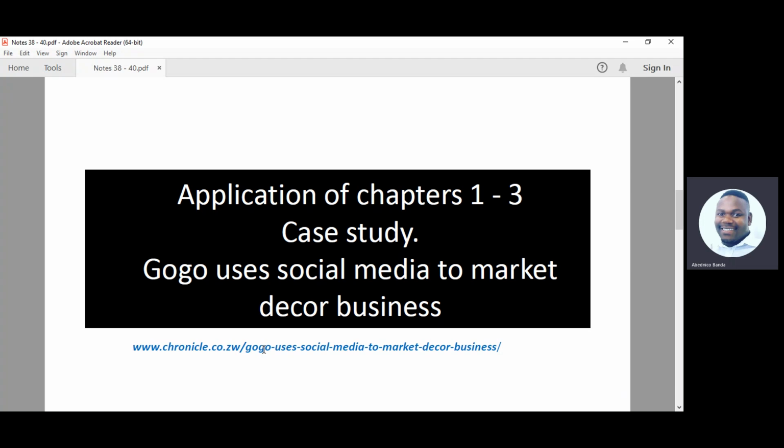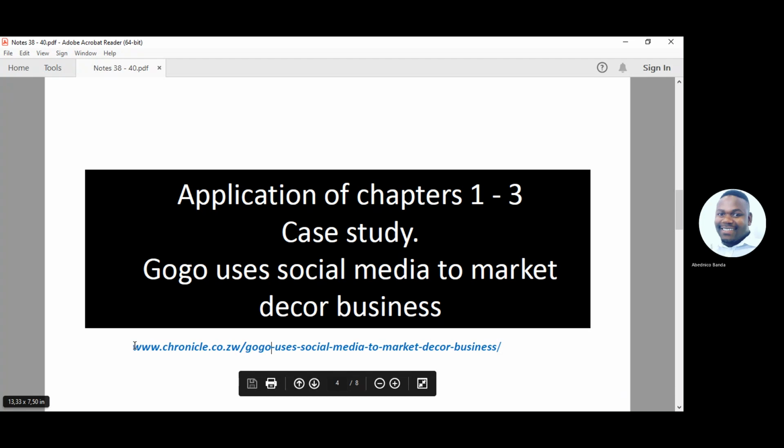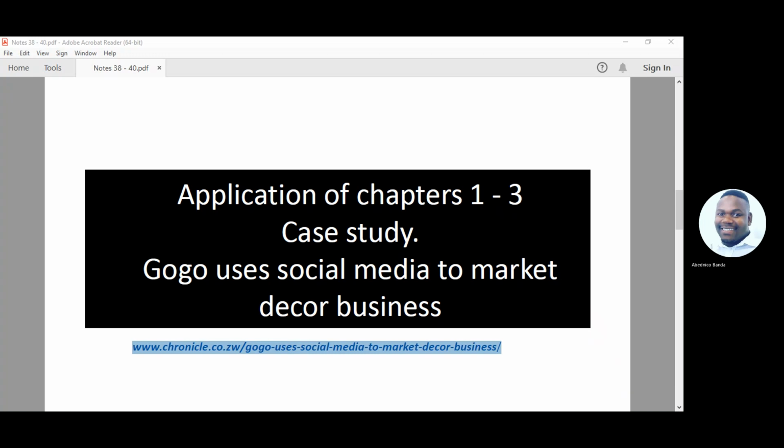Because remember, we have got so many social media platforms. We have got Twitter, we have got Facebook, we have got WhatsApp, we have got TikTok, we have got Telegram, we have got YouTube, we have got Instagram. There are so many social media platforms out there. Then let's see which one it is that Gogo used. So I'm going to quickly open it on my browser and share the screen with you guys.